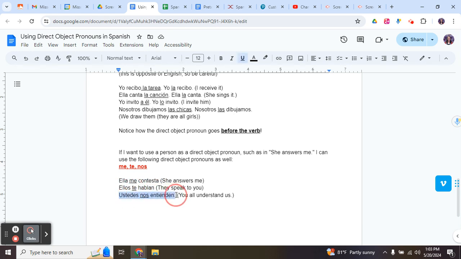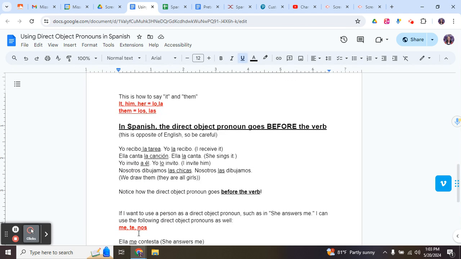You guys understand us. We are the direct object pronoun receiving the benefit of the understanding, right? You guys are understanding us. So we are receiving the benefit, but you guys are the ones doing it. So ustedes nos entienden, you all understand us.